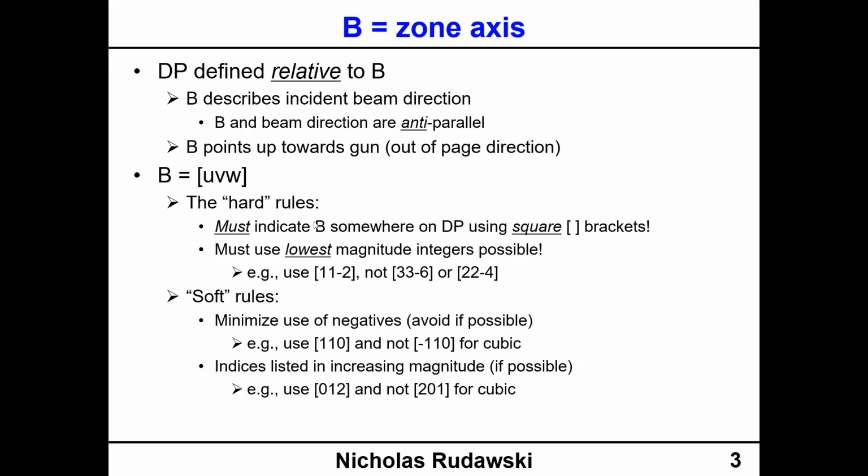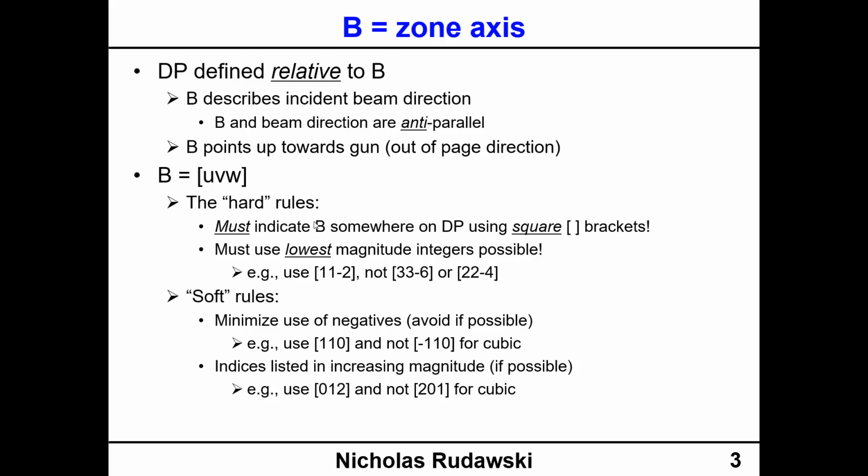You should use bar notation here. I'm not doing that for purposes of simplicity, but that's what you should do. But I will call this 112 bar, as how it should be indicated. So 112 bar is correct, not 336 bar or 224 bar, because these are linear multiples of 112 bar.